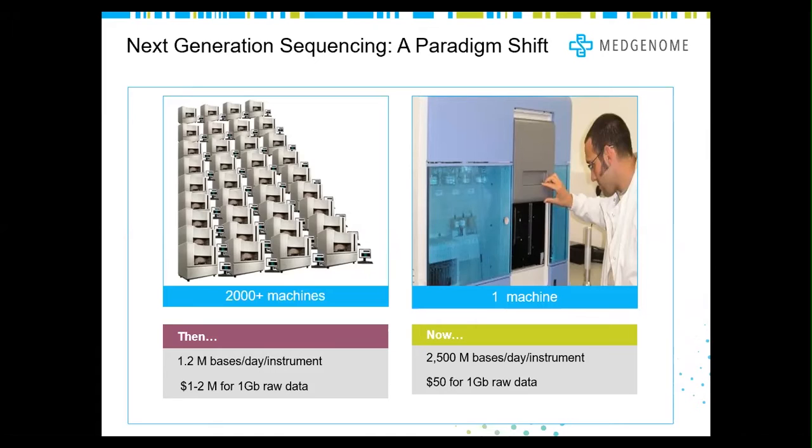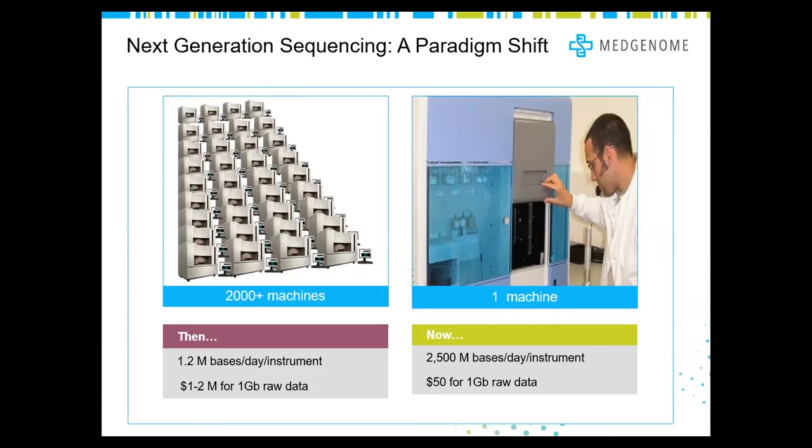And the amount of raw data which we would get per day per instrument was nothing compared to what we can do today. One machine, one person, and you can get as high as 2,500 million bases per day with as low as $50 for 1 GB of raw data.